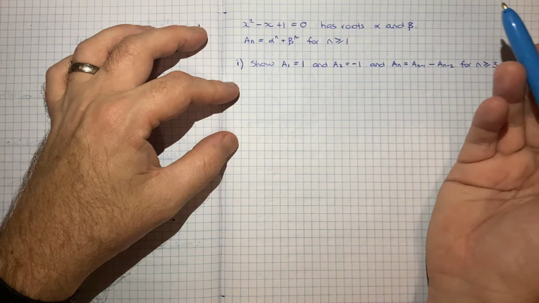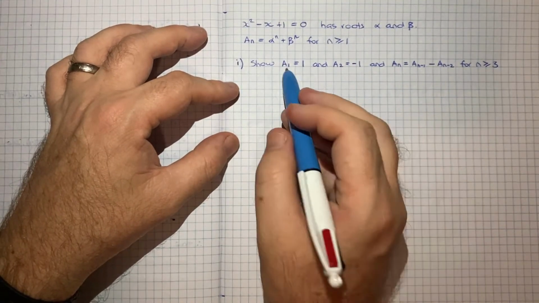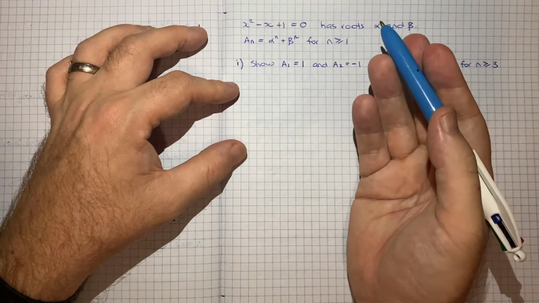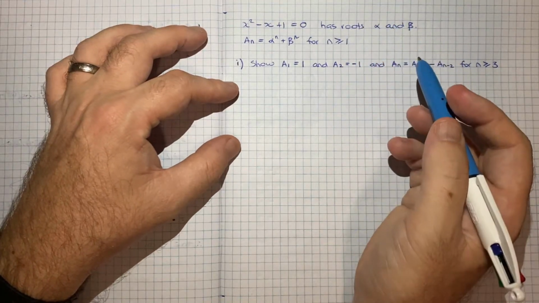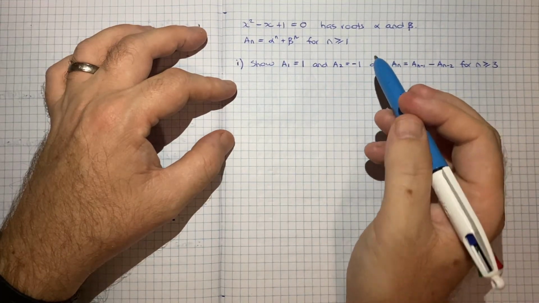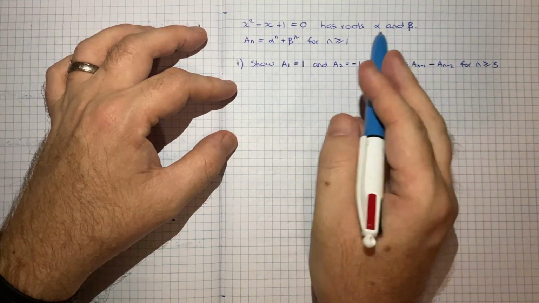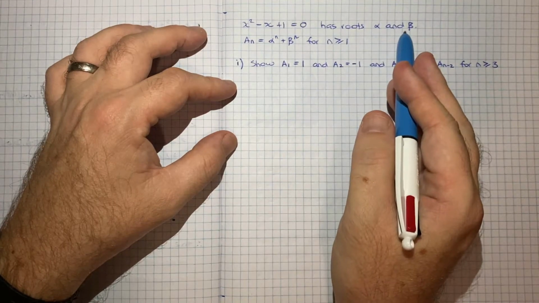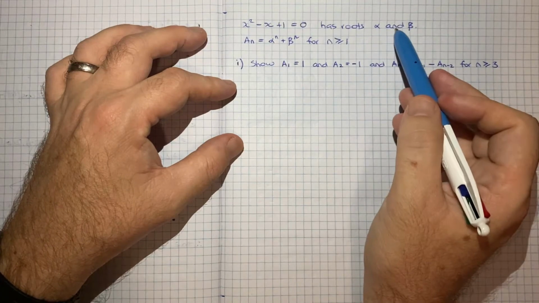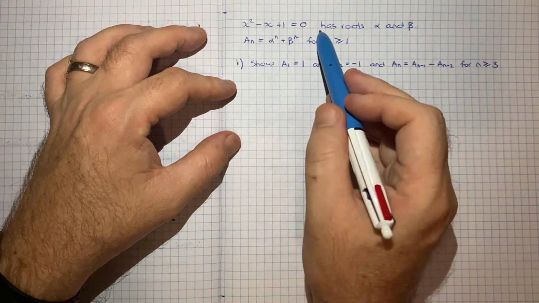Alright, so I think a natural place to start would be with a1. Let's show what a1 is. Although I think before we can really get there, it's worth fleshing out a little bit of what we know from what we're told. Since alpha and beta are roots, they must satisfy the equation.